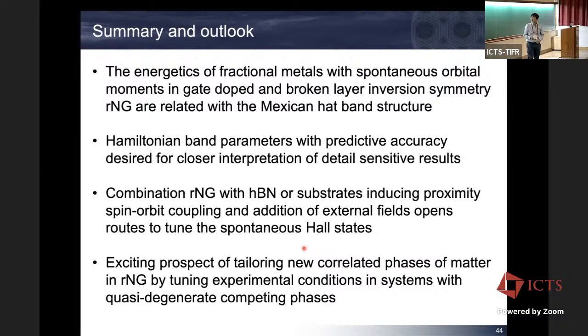And in fact, all this analysis is done at the mean field level. So then, of course, people that can come up with more sophisticated methods could propose different kinds of truly correlated ground states. I think the story is not finished, in my opinion.